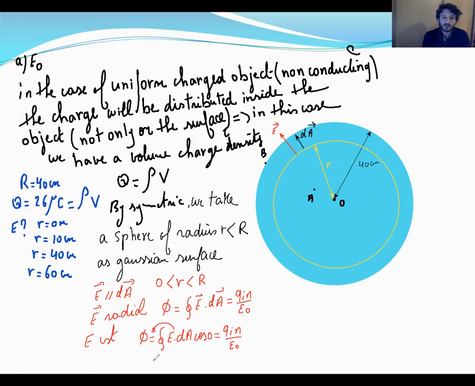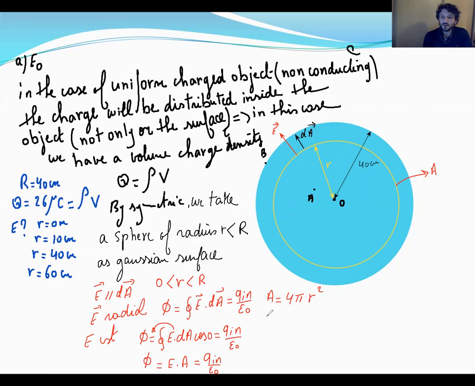We take out E. So the flux equals E A equals Qn divided by epsilon 0. Okay, A is the area of the Gaussian surface. You know, A equals 4 pi r squared.